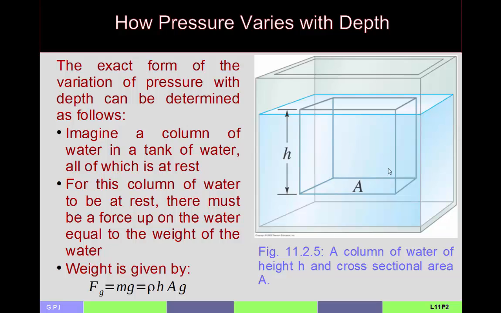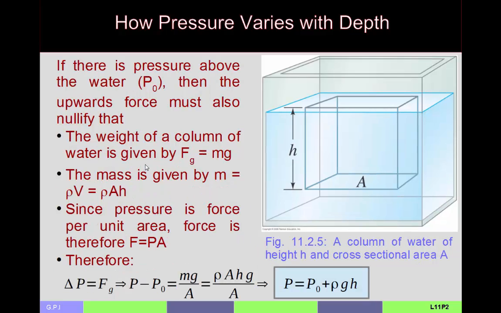The weight of this box of fluid must be the volume times the density times the gravitational acceleration. In other words, weight is equal to mass times free fall acceleration, and the mass is given by the density times the volume, where the volume is the height times the area. So this is the expression for how much this cube of fluid must weigh.